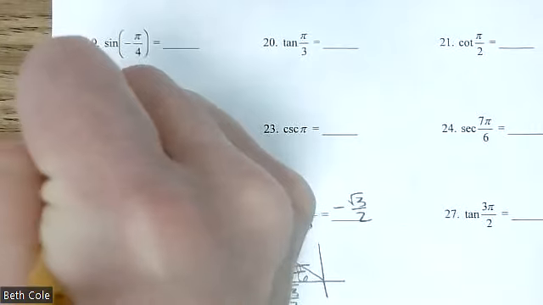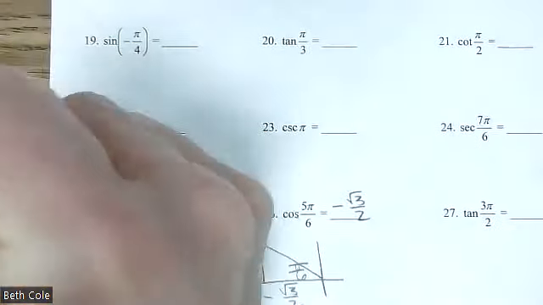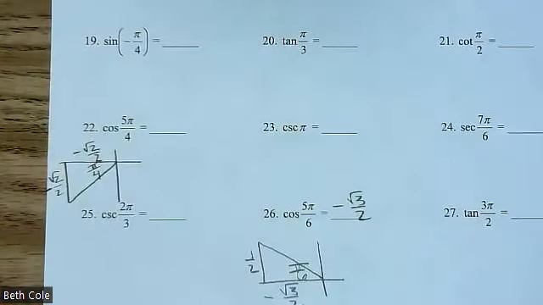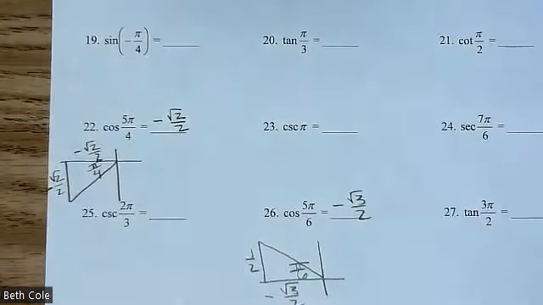And then what's negative since you're not in quadrant 1? Both of them. That's your work. That is the amount of work I am looking for. But that's not a lot of work, right? Like, actually not work. It's just labeling a triangle. All right, then you answer the question. Oh, this one's cosine again. Cosine is x. That's this one. Negative square root of 2 over 2.